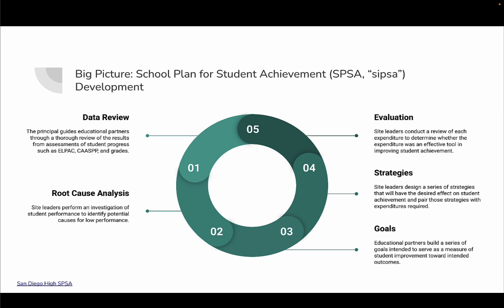And then finally, after our plan has been implemented, we always want to look back and conduct a review of each expenditure and each strategy to determine whether that expenditure was effective in improving student achievement or whether we need to abandon it for a new approach moving forward. So you can see here, we use this cycle to develop a site plan, and that site plan is going to include a budget or a list of expenditures that are going to support the strategies illuminated in step 4.